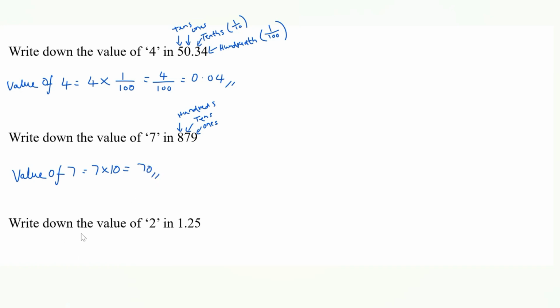For the last one, we need to write down the value of 2 in the number 1.25. Again, it's a decimal, so this first number here after the decimal point will be a tenth. This number will be 100th.